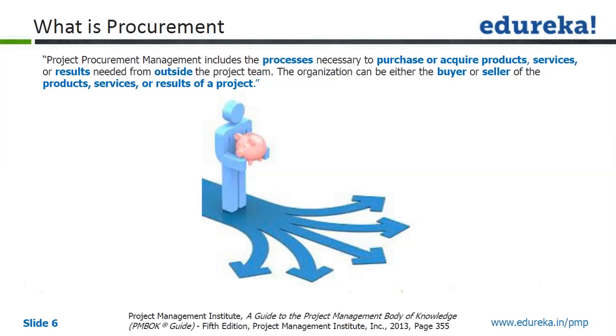They will provide us with product, services or result for a project. It may be a big part of the project, or a very small part of the project, but we need to follow these processes in procurement.